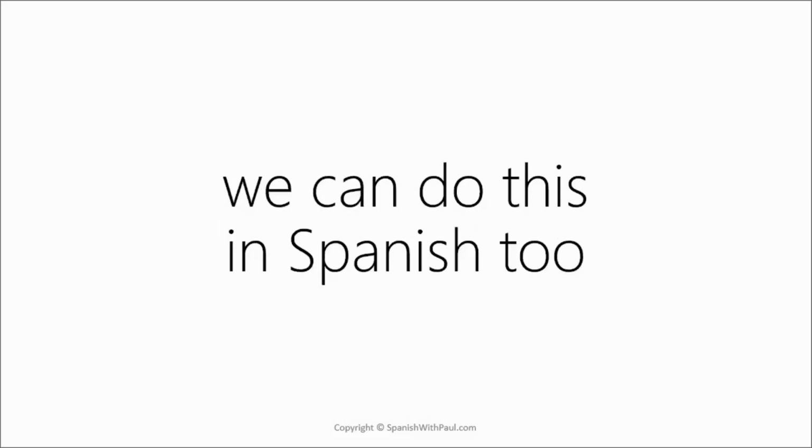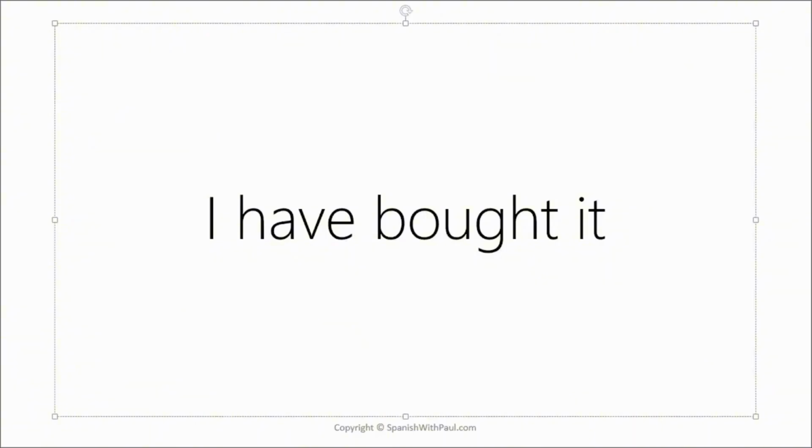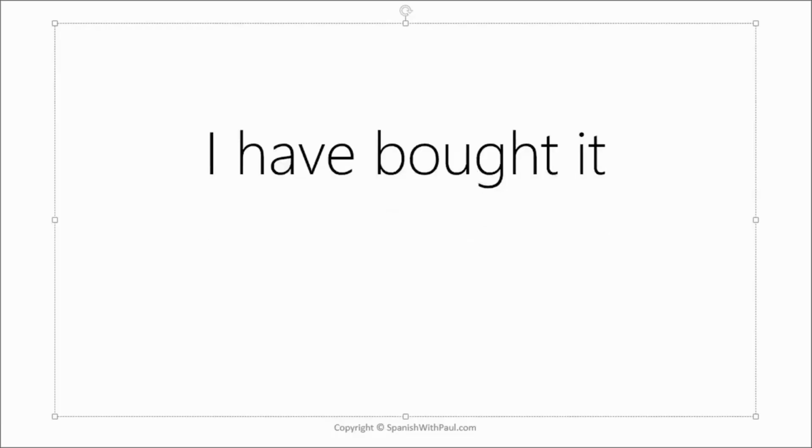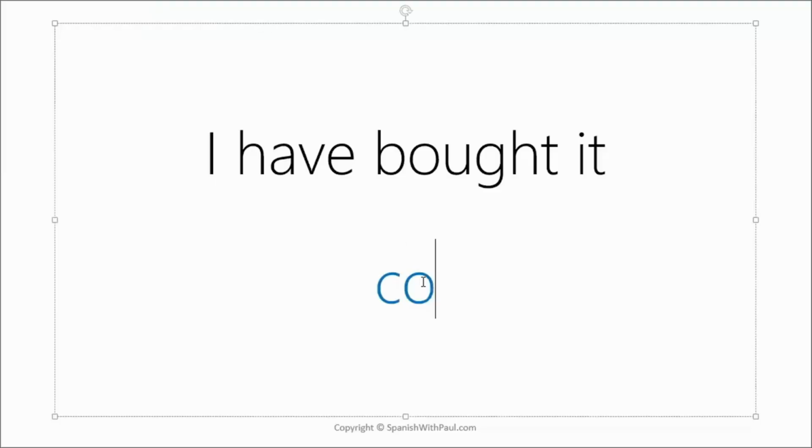Now, we can do this same thing in Spanish as well. So let's go to a live demo and I'll show you how it works. Looking at our first example here, we have I have bought it. So let's go down a line and let's make this blue. So we have the verb comprar, to buy.